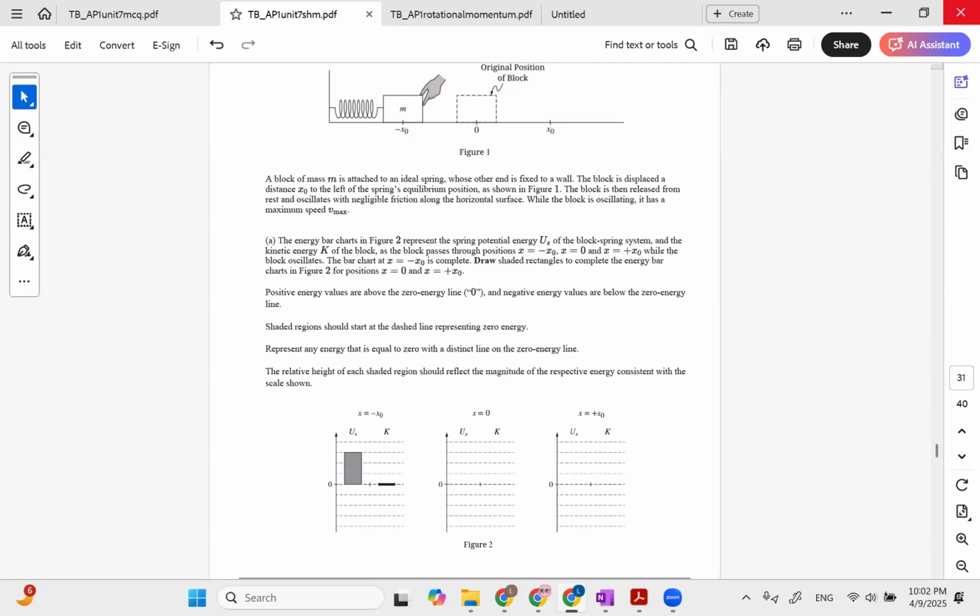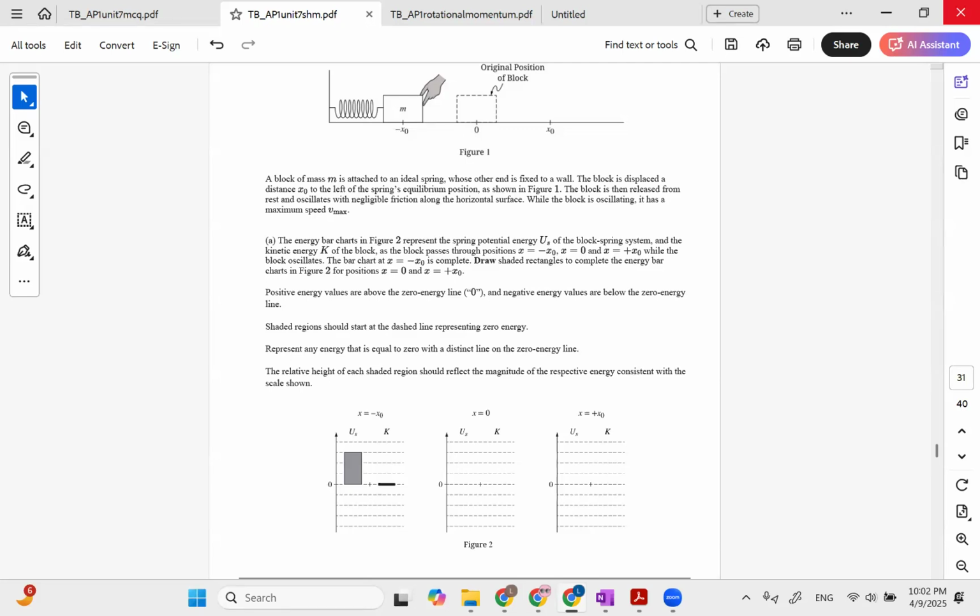While the block is oscillating, it has a maximum speed of v max. The energy bar charts in figure 2 represent the spring potential energy U of the block-spring system and the kinetic energy K of the block as the block passes through the positions x equals negative x initial, x equals 0, and x equals positive x initial, while the block oscillates.